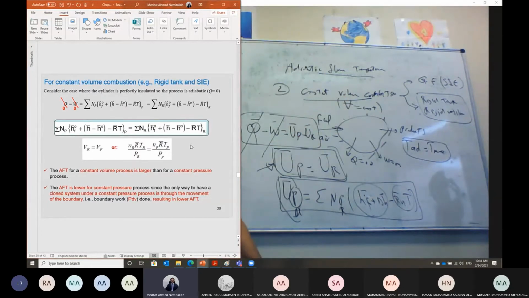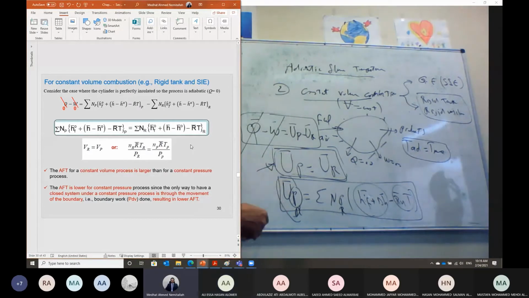Which one will be greater? Constant pressure will be higher? I think the constant volume will be higher because all the product energy is converted to heat. Exactly, in this case.